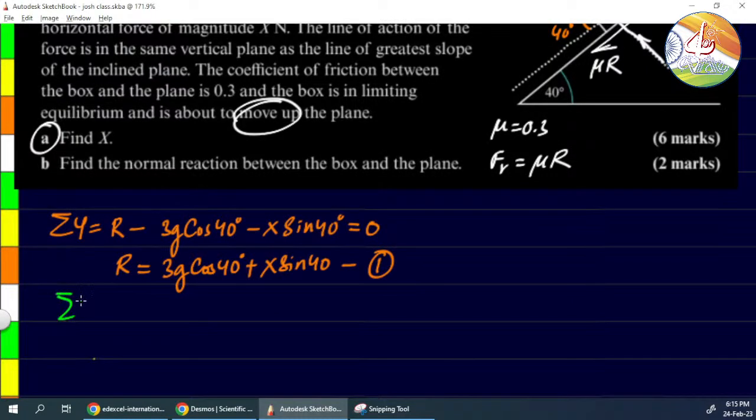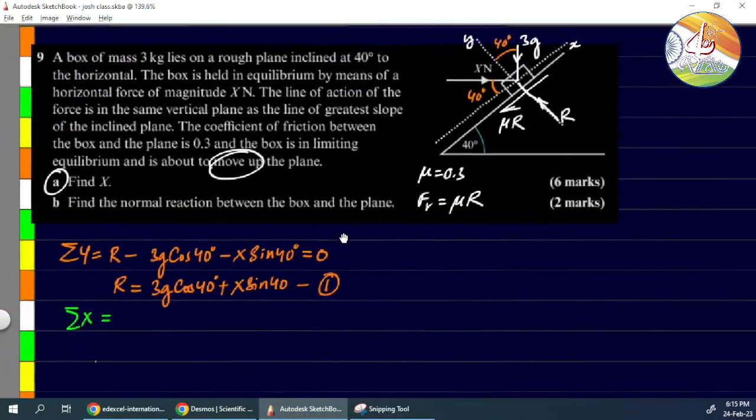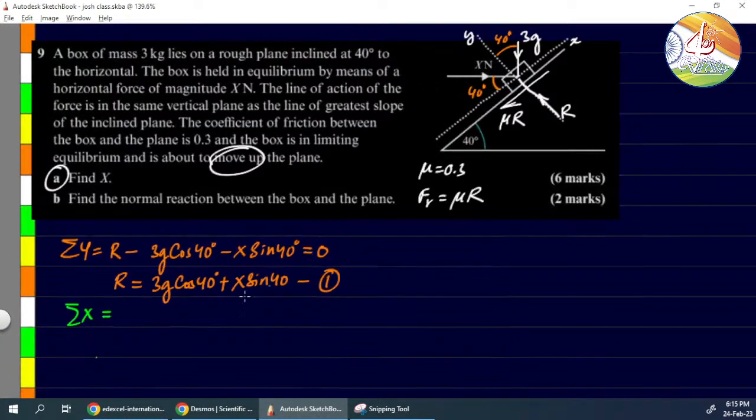Next, let us take sigma x, that is the x components of forces. So let's take the x component. X cos 40 will be the component, it's acting in the positive x direction.